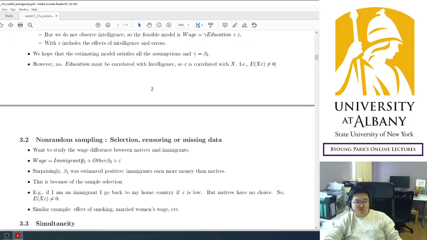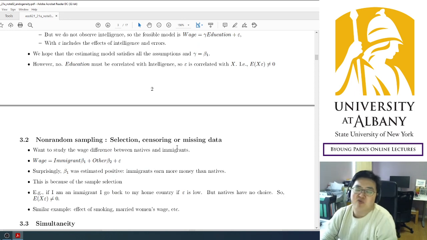Then basically you are trying to estimate beta 1. I'm an immigrant, but what if I was not an immigrant? So I would like to estimate beta 1. But of course, anyone will expect, if I were a US citizen, I would expect higher wage.